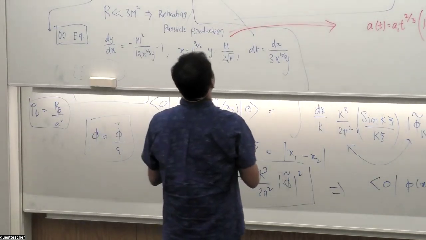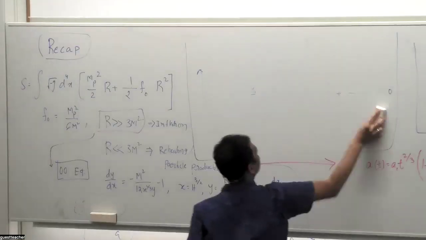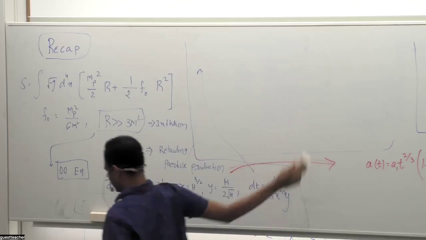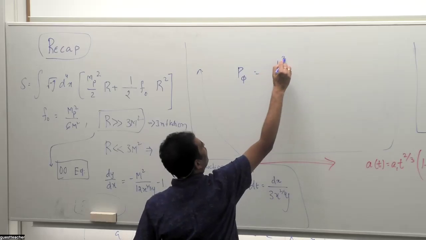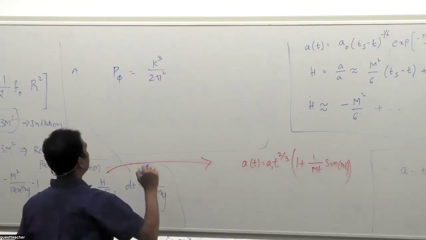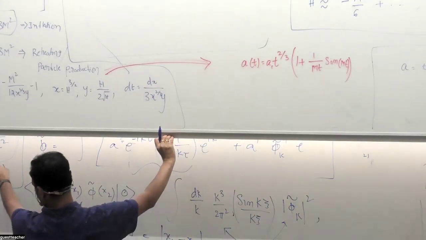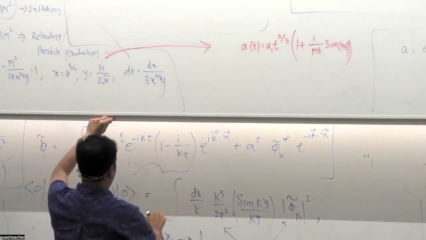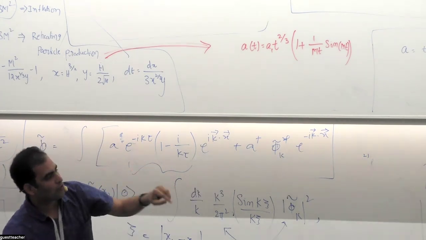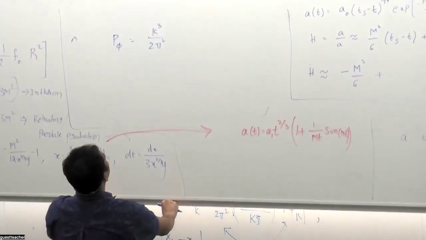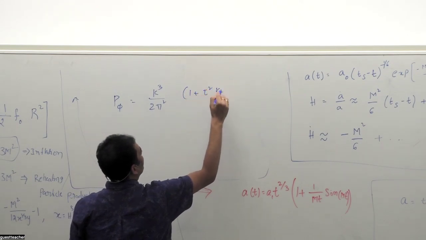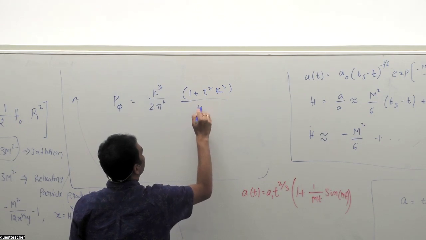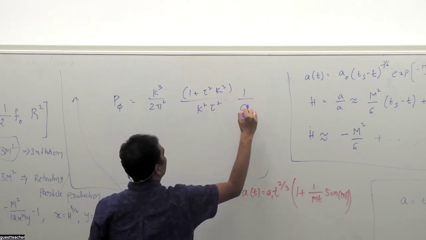I think let's erase this. So P phi is k cube by 2 pi square and phi k tilde whole square, and then basically we choose the Bunch-Davies vacuum, alpha equal to 0, and you know phi k tilde, and just square it, you get 1 plus tau square k square over tau square, times 1 over a square.